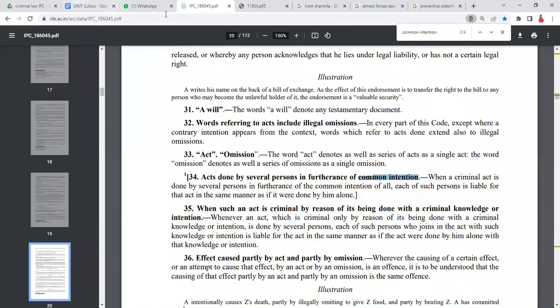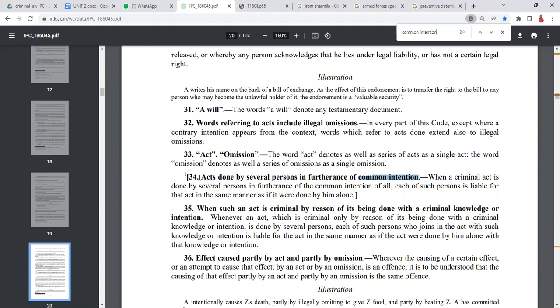The provision is Section 34. Whenever you read cases, you will see that along with other provisions or sections, Section 34 is added. As in, a certain crime is being committed by more than one person, and those people had a common intention.